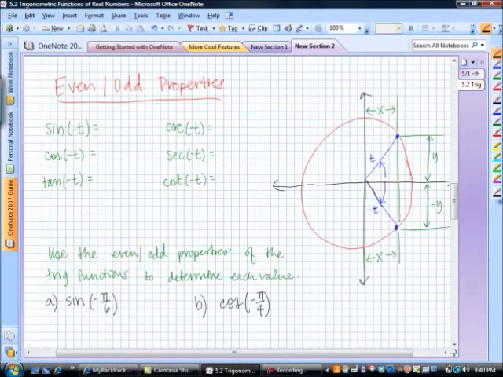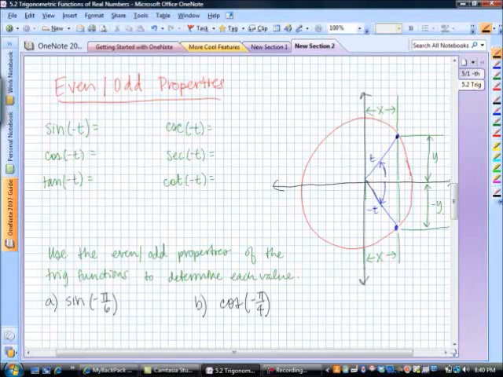If we plug negative t into sine of t, remember, sine of t is the y value. So let's just look at sine of positive t. Sine of positive t in this case is just going to be the y value, which we don't know what that is, but we know that that is positive. If we find sine of negative t, do you see if we rotate negative t units, we're going to rotate into quadrant 4.